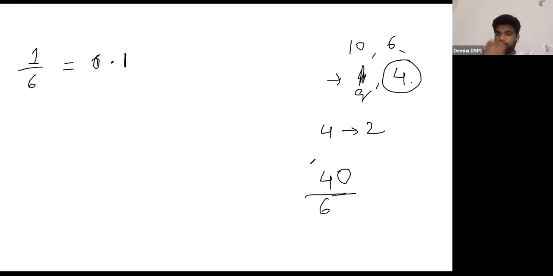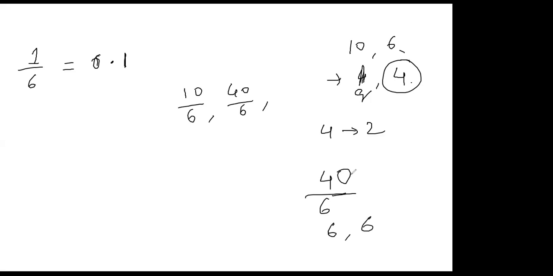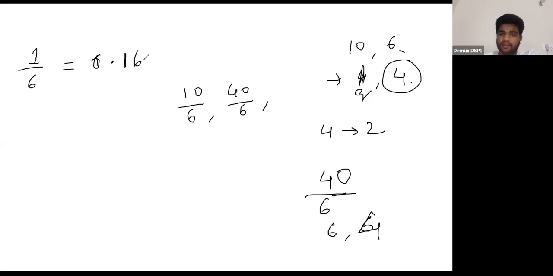So you started with 10 by 6, now you are doing 40 by 6. When you do 40 by 6, what will you get? You will get 6, remainder 4, again. So you will put a 6, which is fine. What is left? Now you will do a 40 by 6 again.